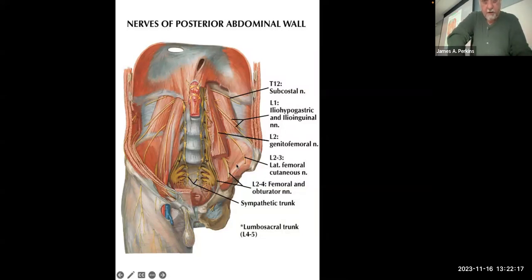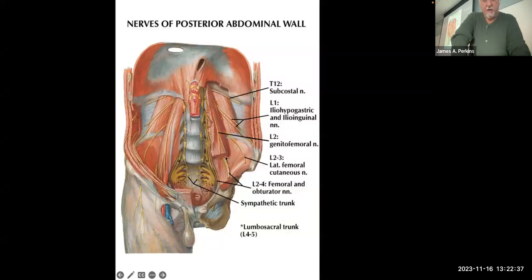All right, continuing a little bit more inferiorly. By far, the biggest nerve you're going to see in this area is the femoral nerve. That's the one that innervates the psoas, the iliacus, and then it's going to continue down into the thigh to innervate all the quadriceps muscles in the thigh.